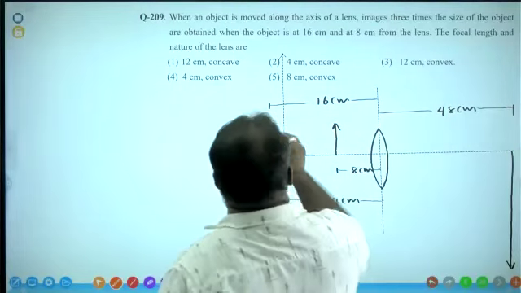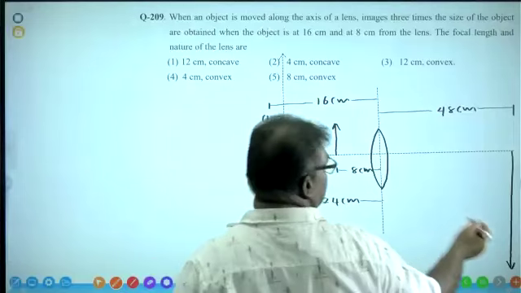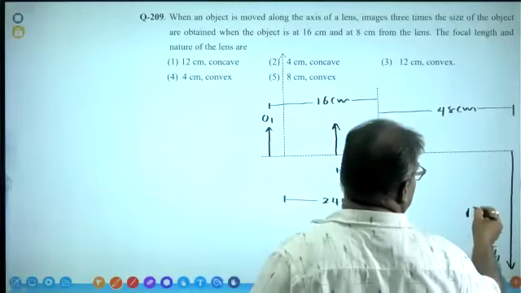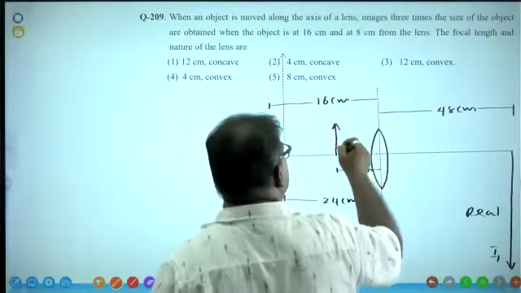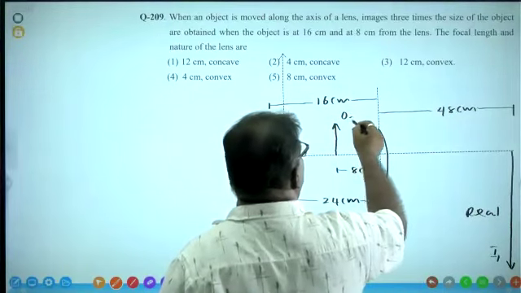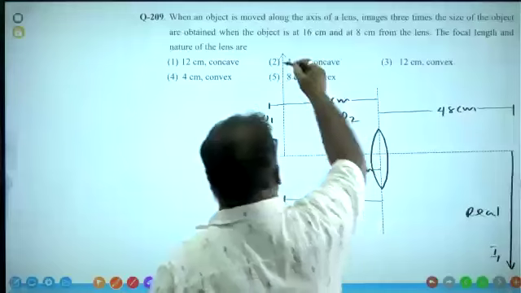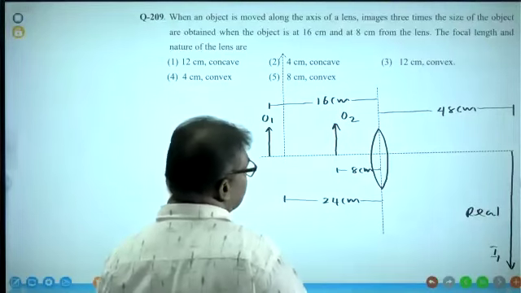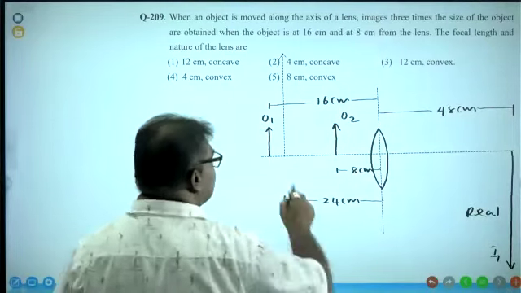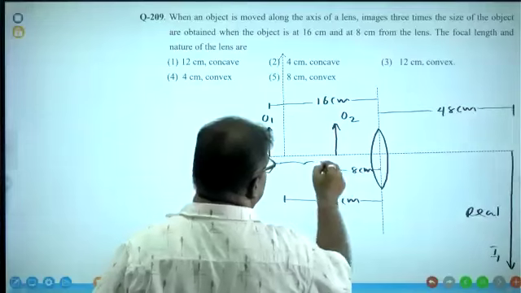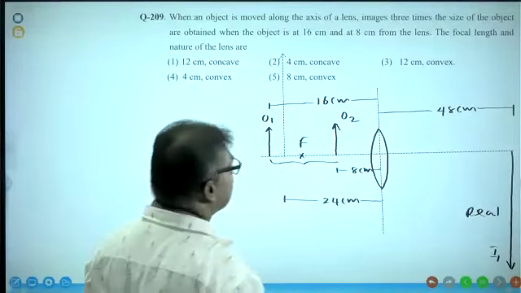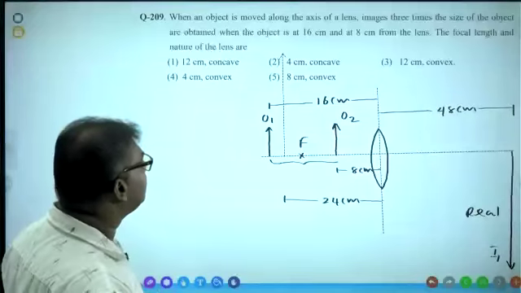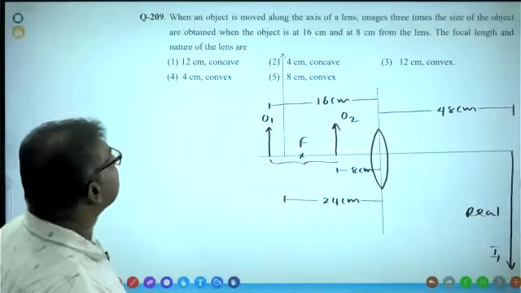Then you should know for this one O1, this is I1, it is real. And for this one, object O2, image is here, 24. Then put a focus; it should lie in between these two. Anywhere, the focus should lie in between 8 and 16 centimeter.